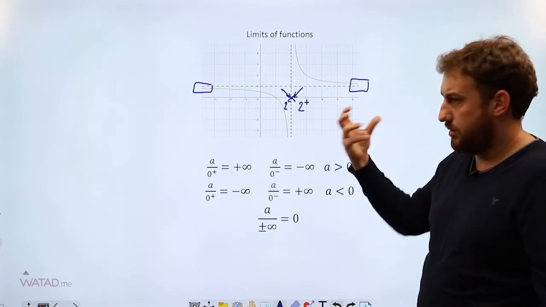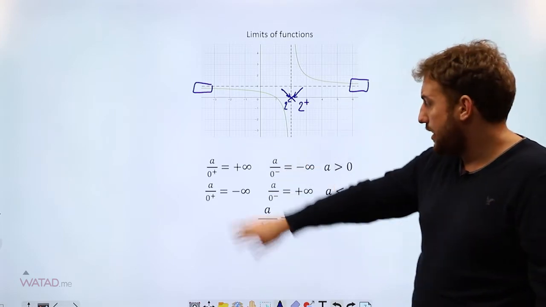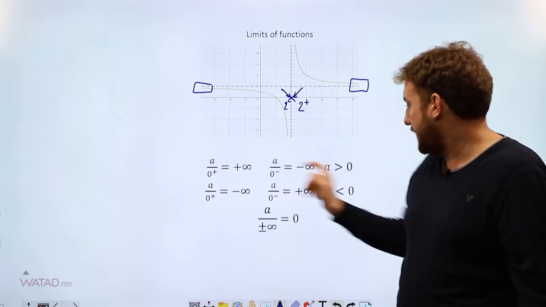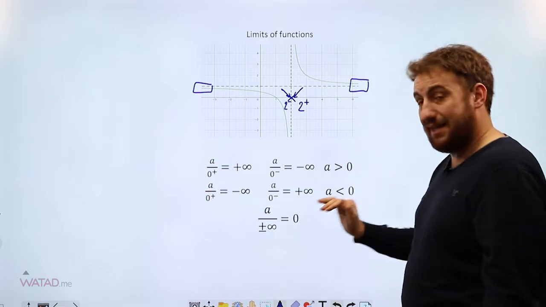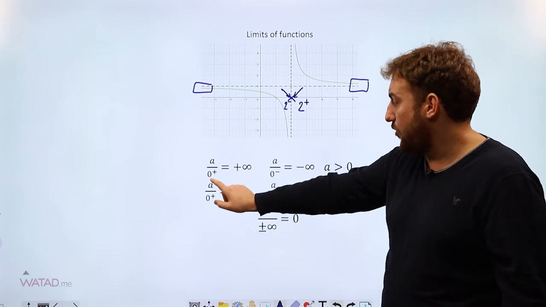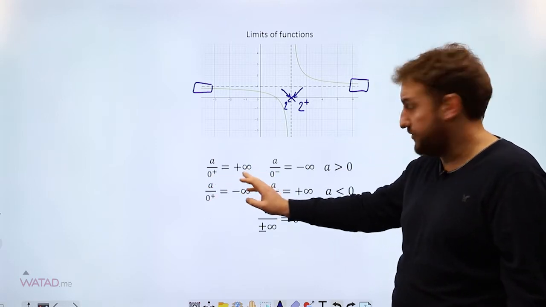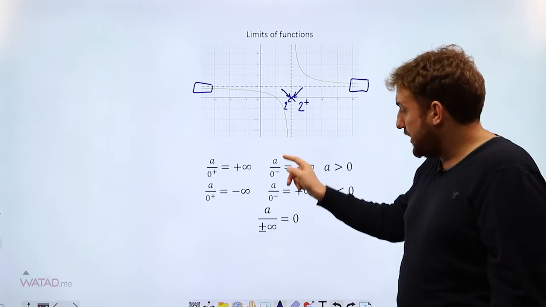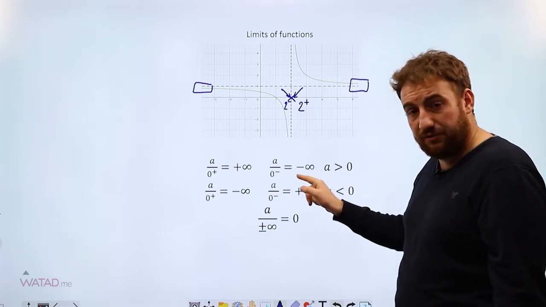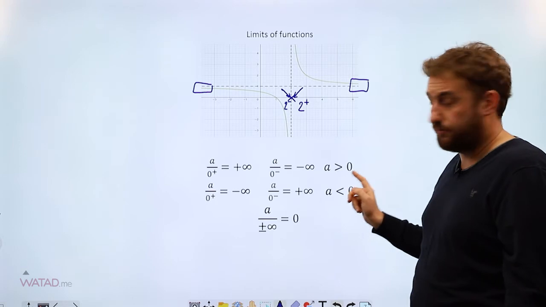So the main sorts of limits that you will need, whenever I talk about a, I mean positive or negative, but never 0. So you will have a over 0 plus. So something over 0 plus will be plus infinity if a is positive. A over 0 minus is negative infinity, again, if a is positive.